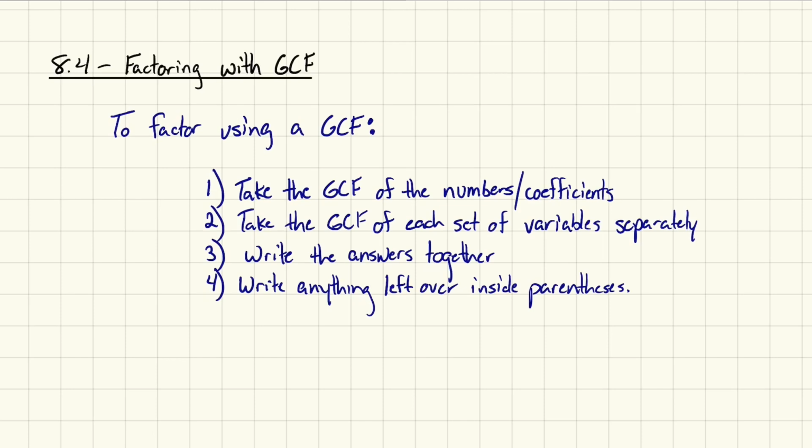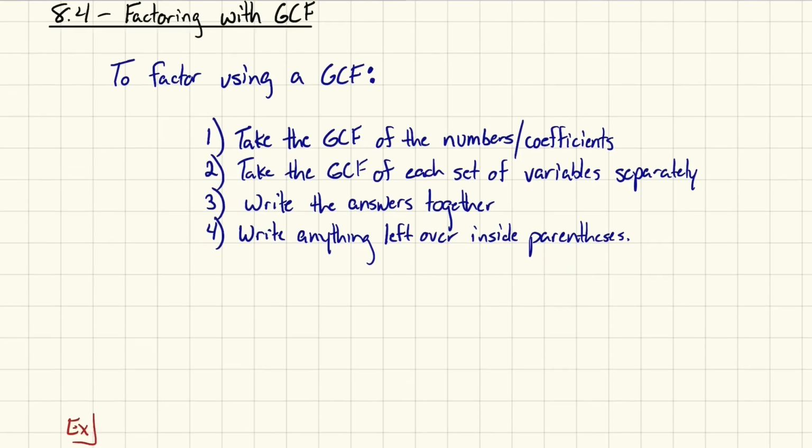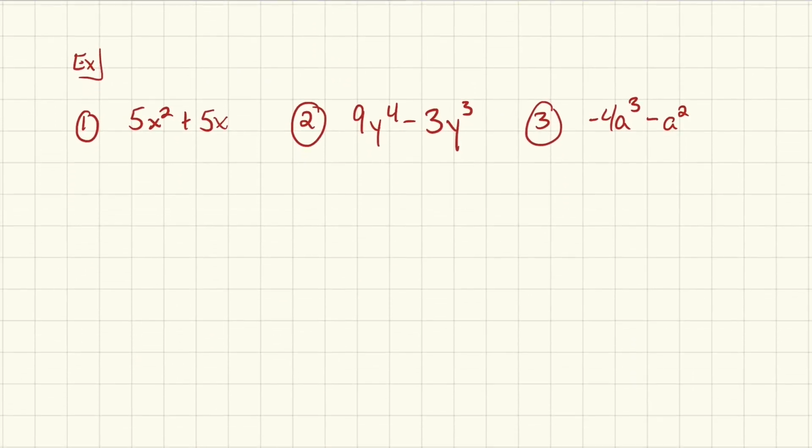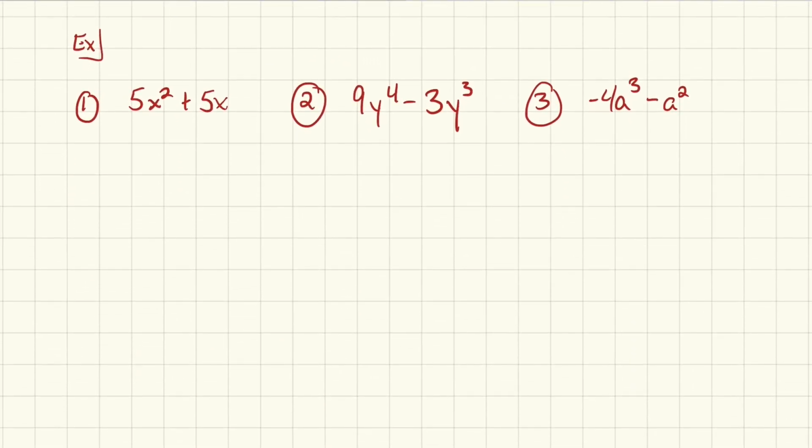We divide out all of our greatest common factors, and we have that term out in front, and then our leftover pieces is what's going to be written inside parentheses. All right, so let's go ahead and take a look at how to take greatest common factors using coefficients and variables, and we'll go from there.